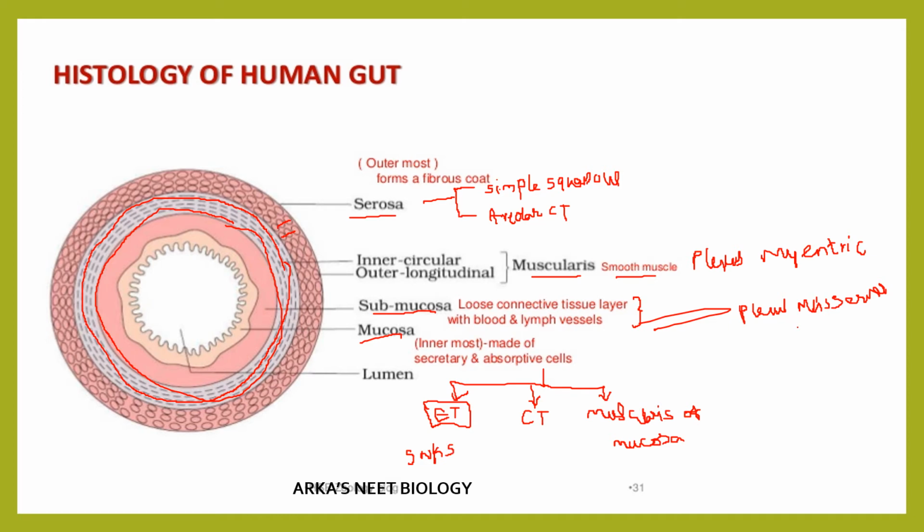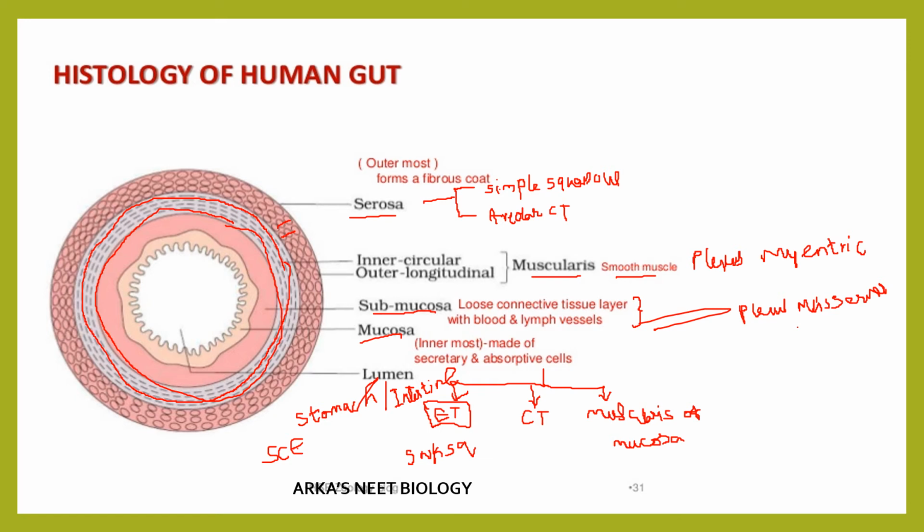But when we come to the stomach as well as the intestine, the epithelium which is present is simple columnar epithelium. The small intestine consists of simple columnar epithelium with microvilli. So this is the type of epithelium which is present in the mucosa.